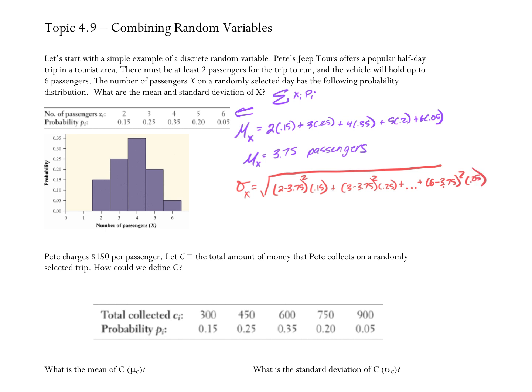And as a reminder, the formula in your formula sheet says that sigma x is equal to the square root of the summation of x sub i minus the mean squared times the probability of x sub i.